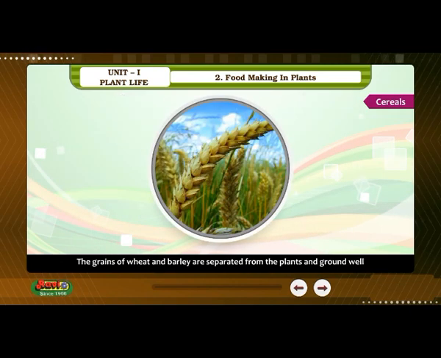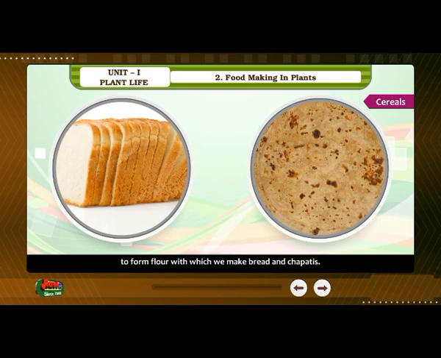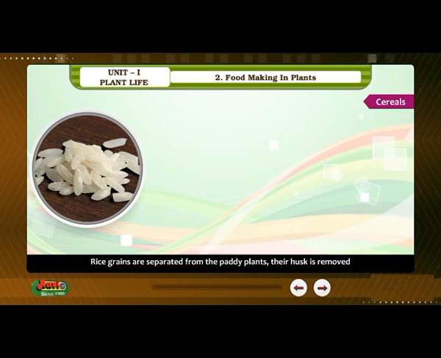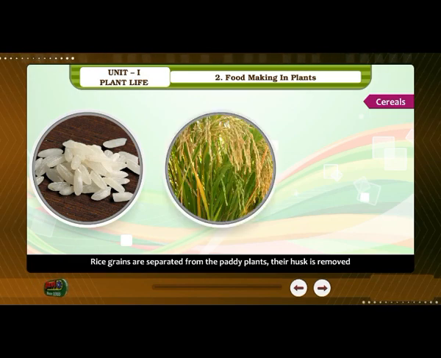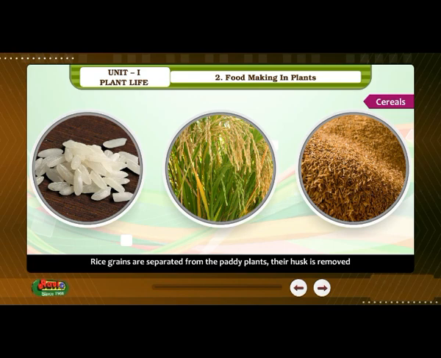The grains of wheat and barley are separated from the plants and ground well to form flour with which we make bread and chapatis. Rice grains are separated from the paddy plants, their husk is removed and they are eaten whole after boiling.